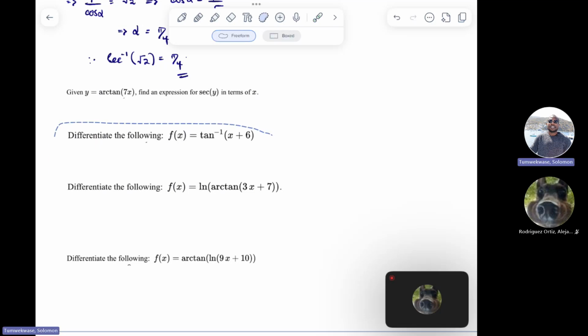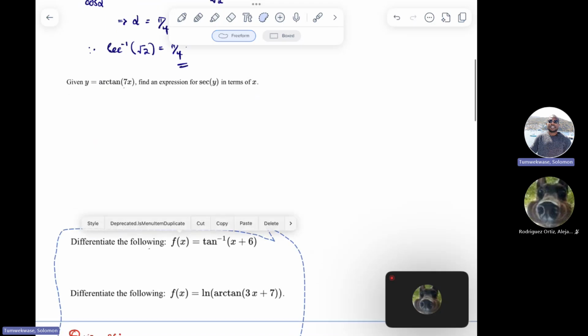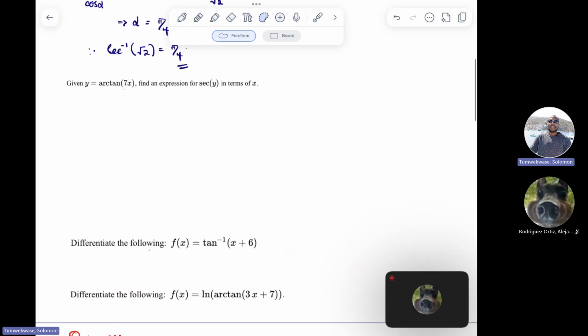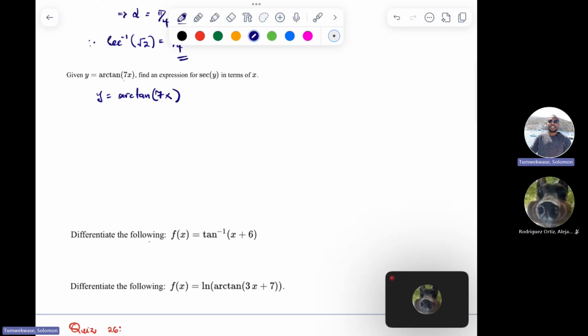To find the expression of secant y, given that y is equal to arc tangent of 7x. When I have y is equal to arc tangent of 7x, then it means that tangent of y is equal to 7x.